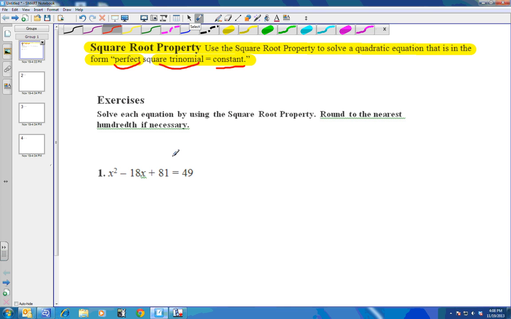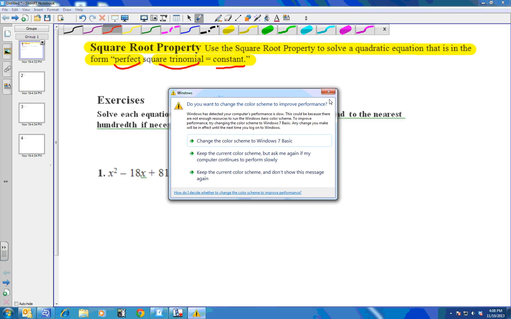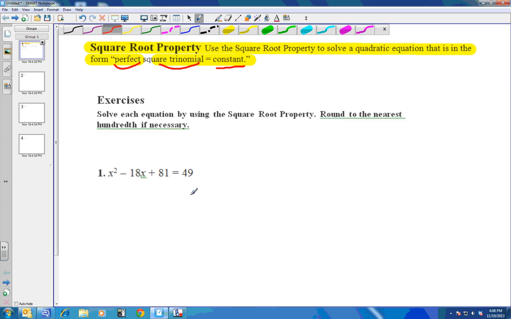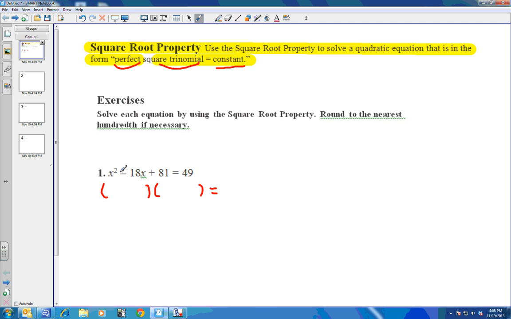All right, so here's number 1. So first it says solve each equation by using the square root property, round to the nearest hundredth if necessary. So the first thing is, here's how you determine whether something is a perfect square trinomial. When I factor this, I know on this one my signs are the same and they're minus.